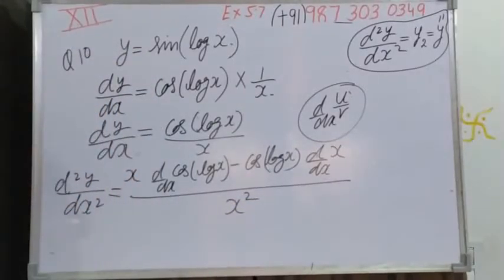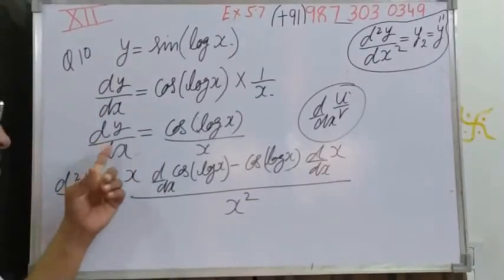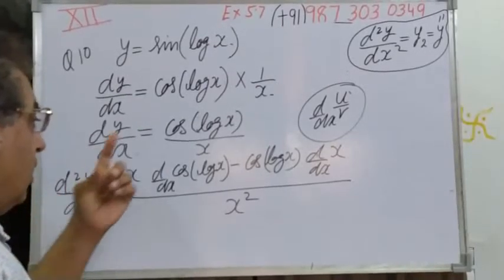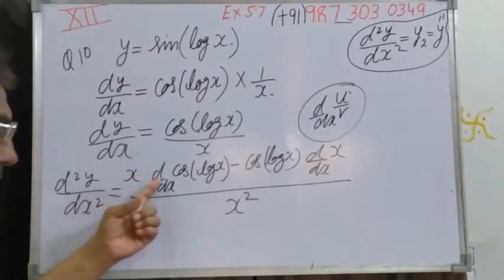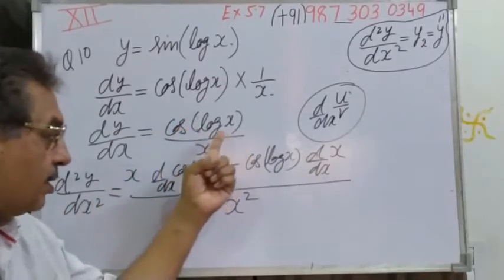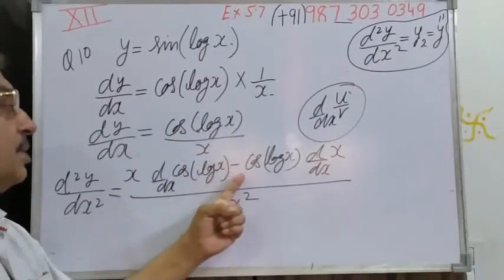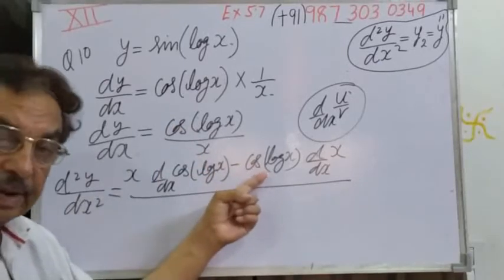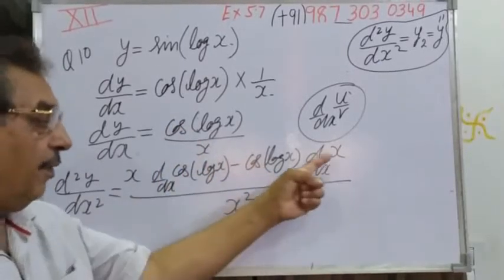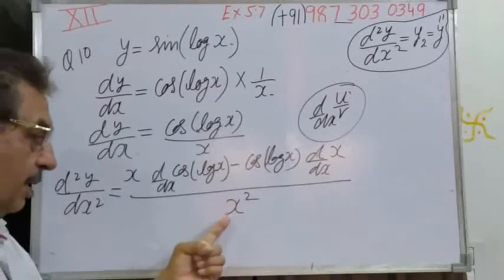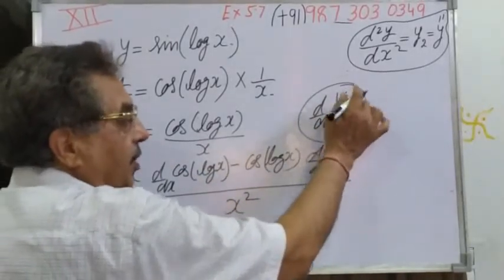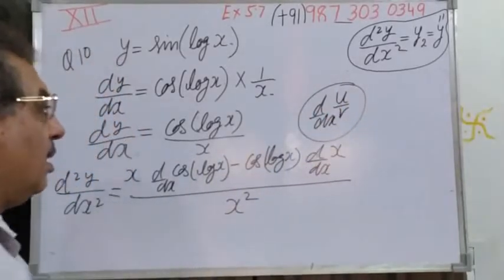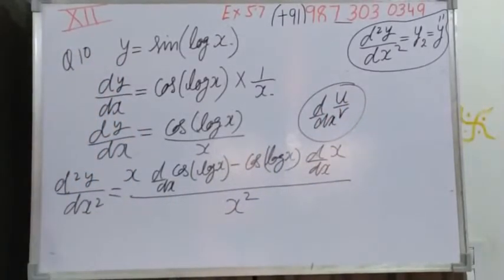This is the formula of the quotient rule, u upon v. In the 11th or earlier classes you must have done it.